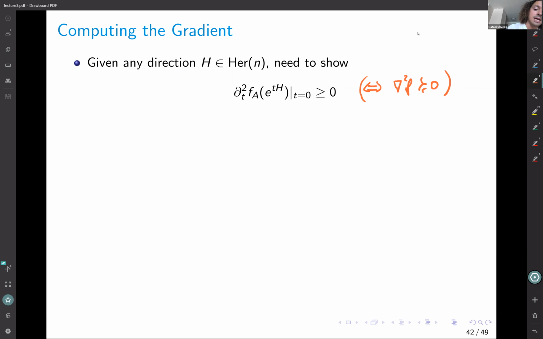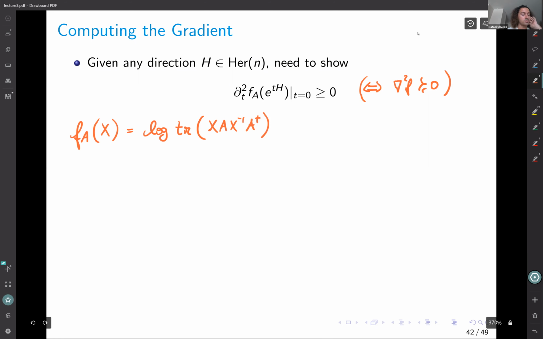In this case, our function f_A of X is equal to the log of the trace of X A X inverse A dagger, which is the conjugate transpose.